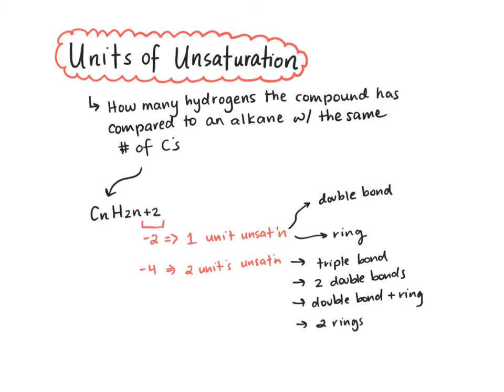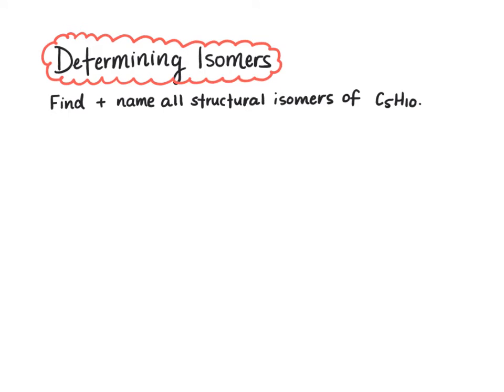So we're going to look at an example and go through using this unit of unsaturation to determine what isomers are possible. We're going to use C5H10 as our example. So C5H10 has the general formula CnH2n. That means that it has one unit of unsaturation. So the structure is going to have a double bond or a ring.